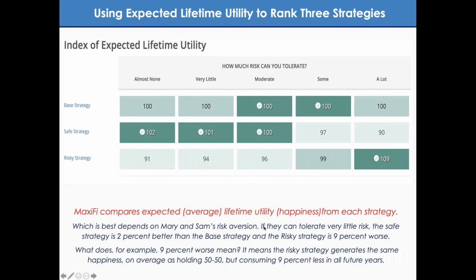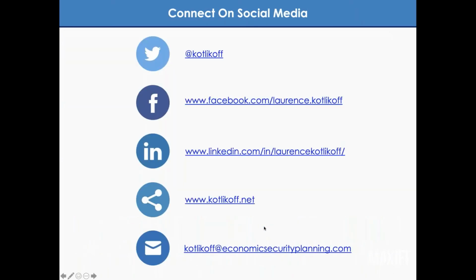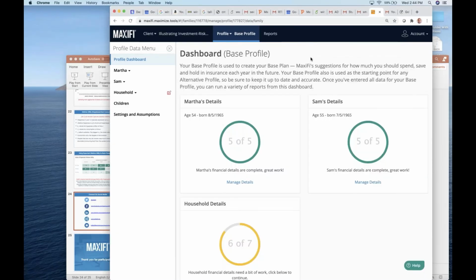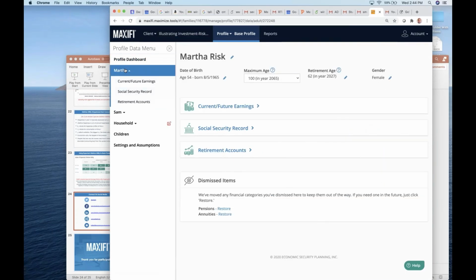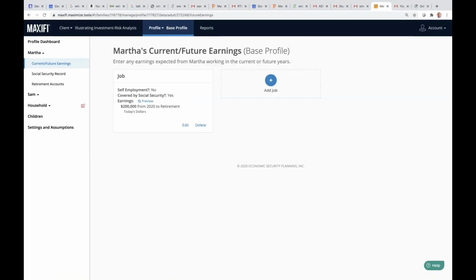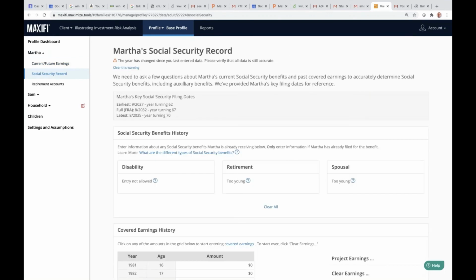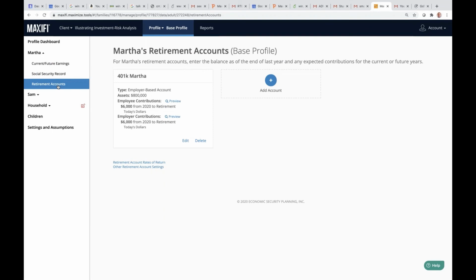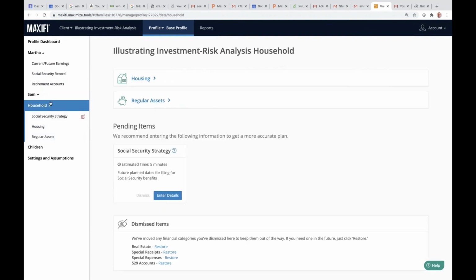So let me now go to the program itself and show you Sam and Martha. So here they are, and I'm just going to blow this up. As I mentioned, Martha's got $200,000 in earnings and Social Security earnings record, and I've entered all these inputs and retirement accounts, and we've got some information for Sam, and then there's information about the household.